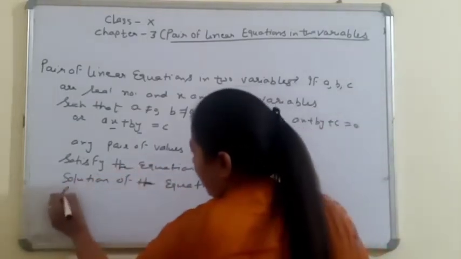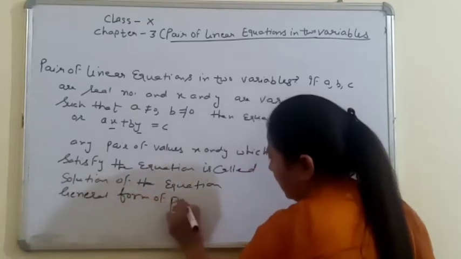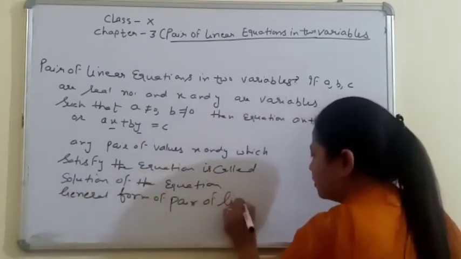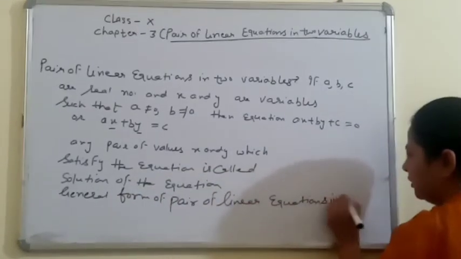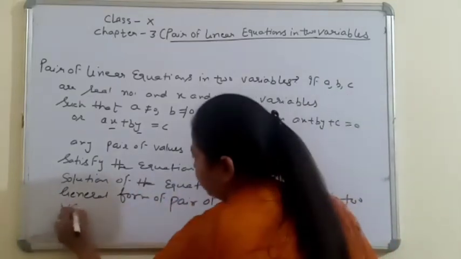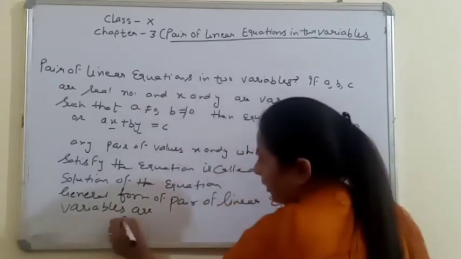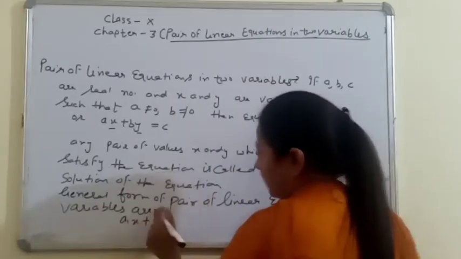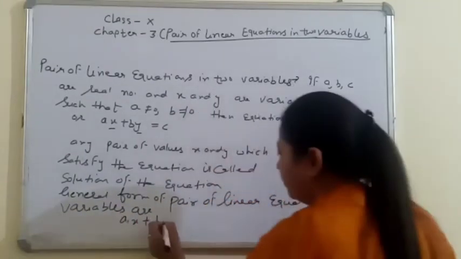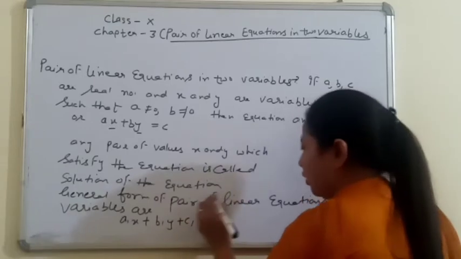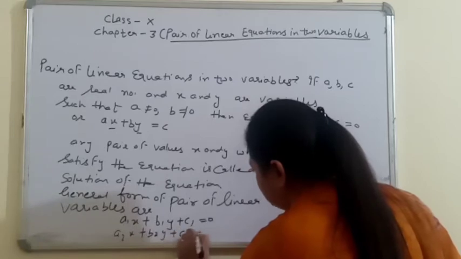Let the general form of pair of linear equations in two variables be a1x plus b1y plus c1 equal to 0, and the second a2x plus b2y plus c2 equal to 0.